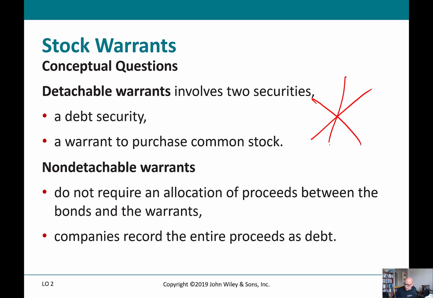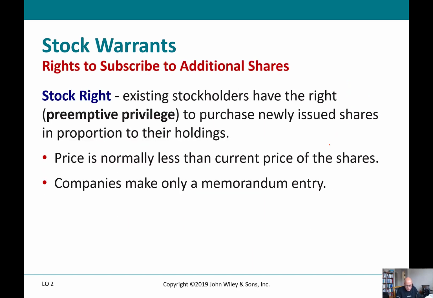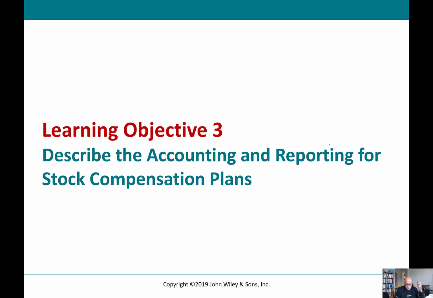Okay? And then just a couple of interesting comments again about the preemptive right that you may have, and those could be evidenced in the form of warrants if you have a preemptive right.